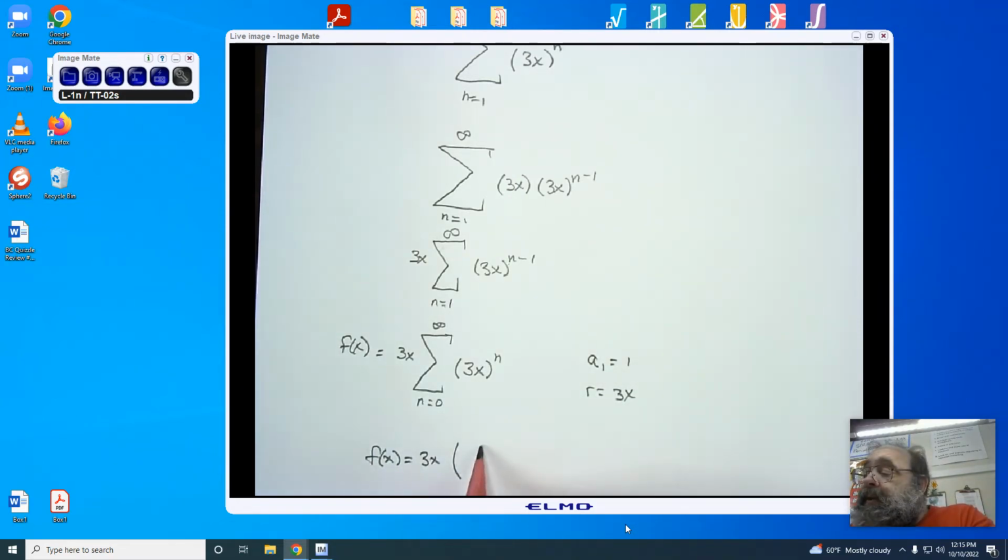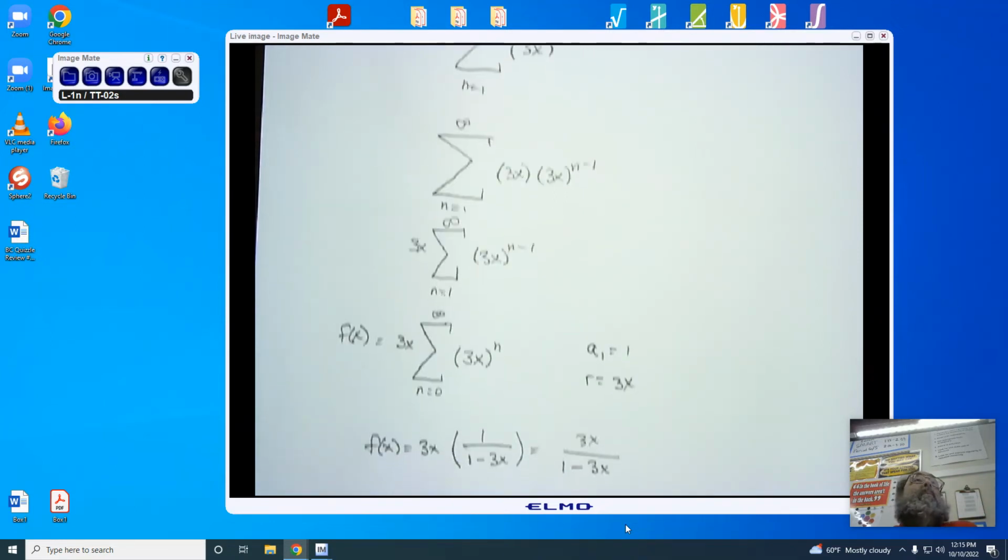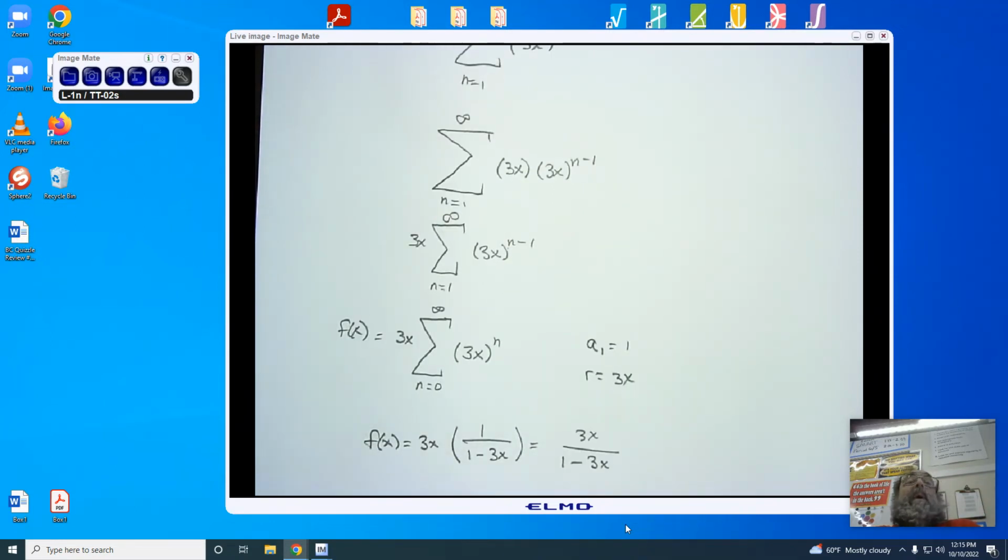So I can write this as 1 divided by 1 minus 3x. This yields the equation I am coming to. This is my sum at infinity, or the equivalent sum. That's 3x over 1 minus 3x.